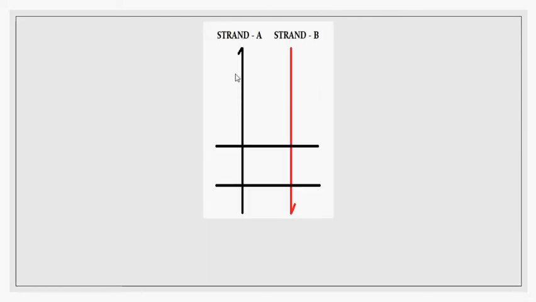As per the question, if you represent strand A and strand B like this, strand A consists of 75% adenine bases and strand B consists of 10% adenine bases.